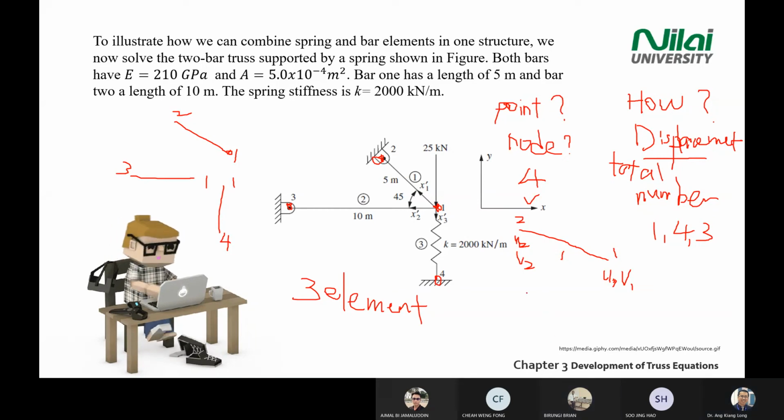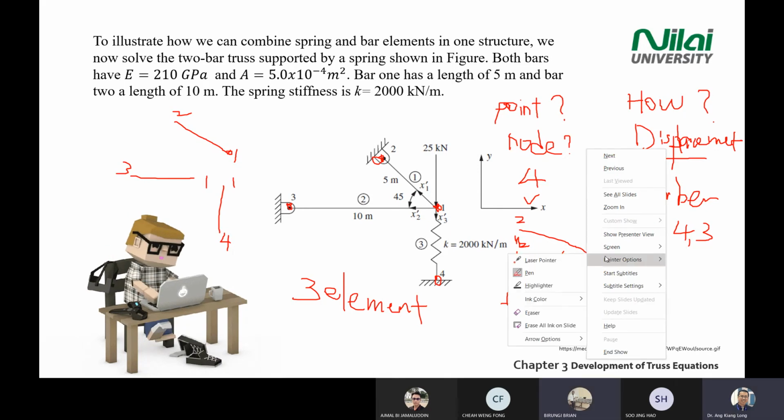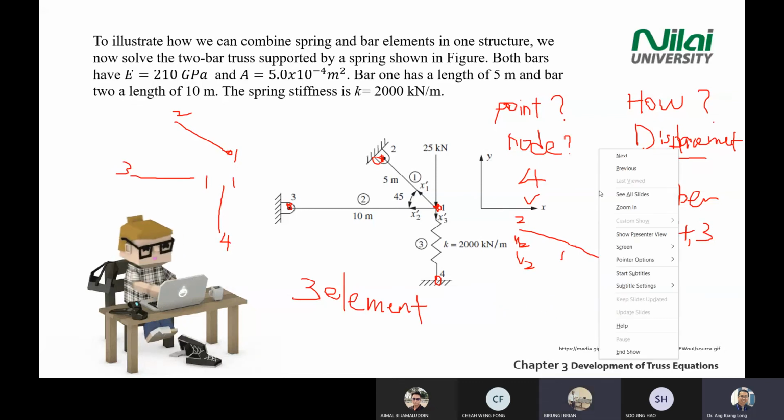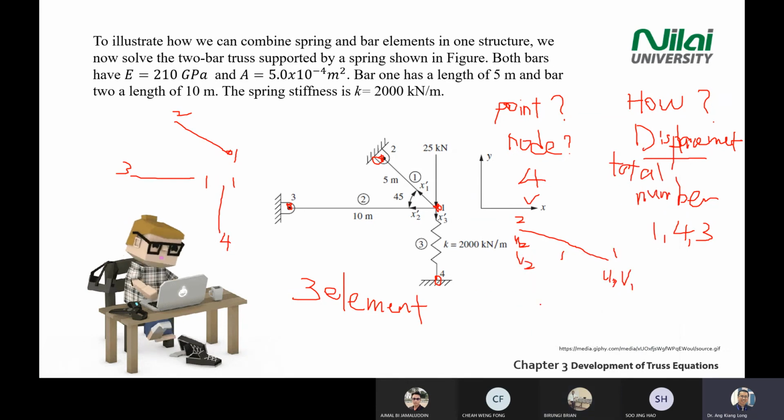You can say it like this because when you calculate the small f equals kd, the displacement here refers to the element because you're using f. So for element 1, you have 4 displacements. I'm going to repeat until all of you understand. Look at element 2.